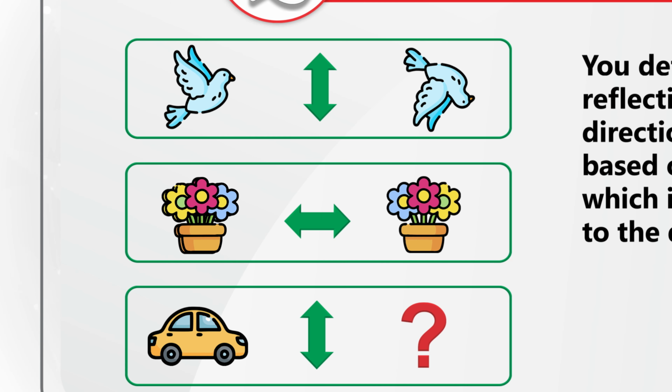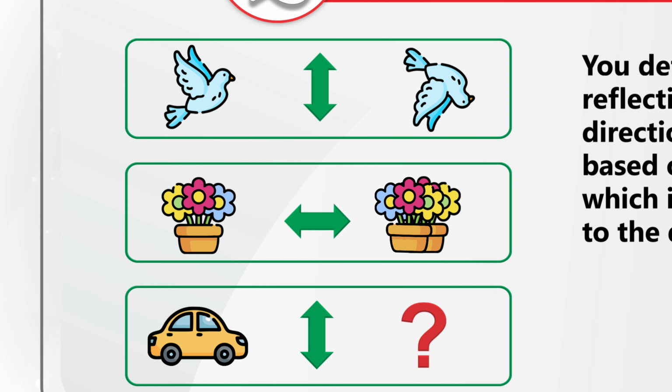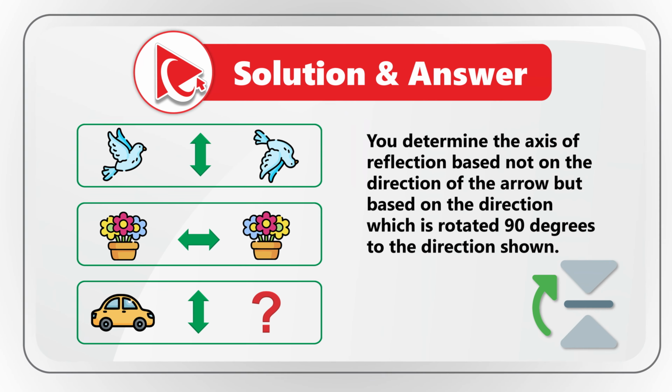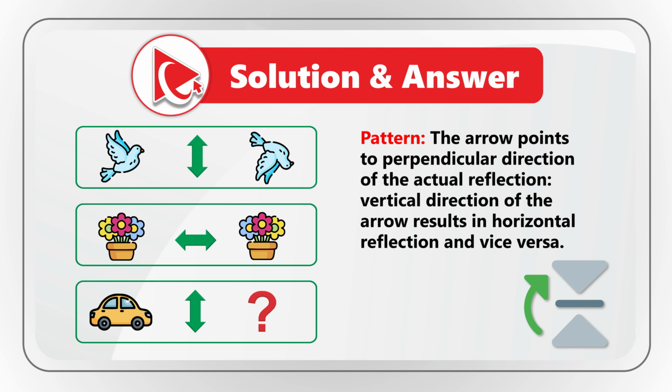And once we do the conversion, basically vertical reflection, because the arrow goes from left to right, we see that the yellow flower is now on the right. So the pattern here is that the arrow points to the perpendicular direction of the actual reflection. For example, a vertical direction of the arrow results in horizontal reflection and vice versa.